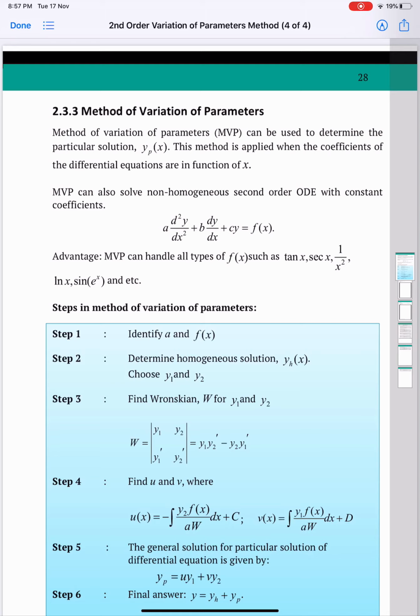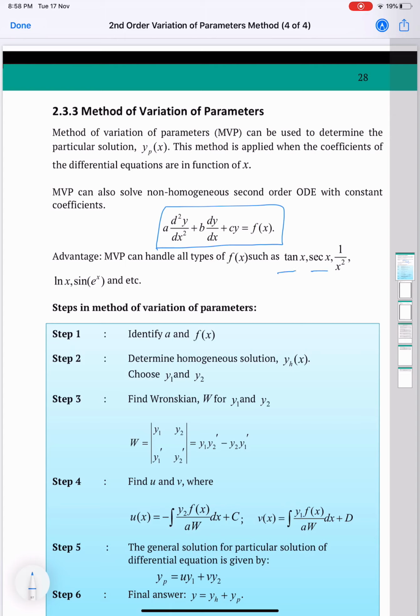So in that case, we can use the method of variation of parameters. If you have a non-homogeneous equation, this method can handle all types of f(x), including tangent x, secant x, and so on.